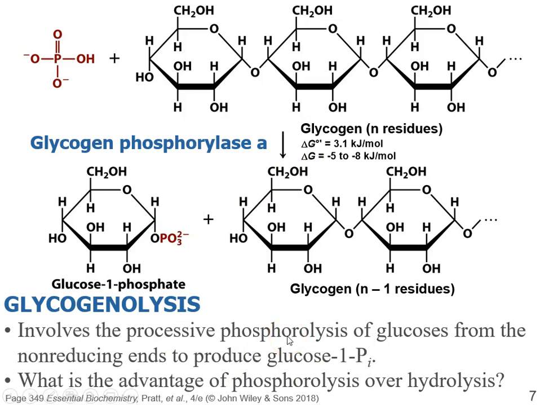The advantage of phosphorolysis over hydrolysis is that if you broke this bond with water, you would just end up with plain glucose, and then you'd have to spend an ATP to phosphorylate it. But here, we don't have to. Our glucose 1-phosphate is already phosphorylated. So this saves us an ATP.